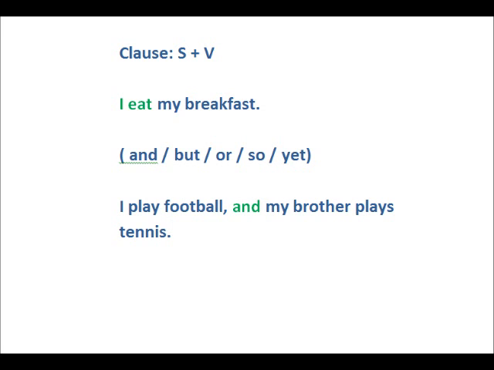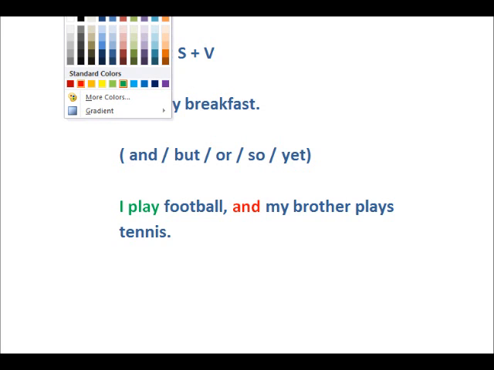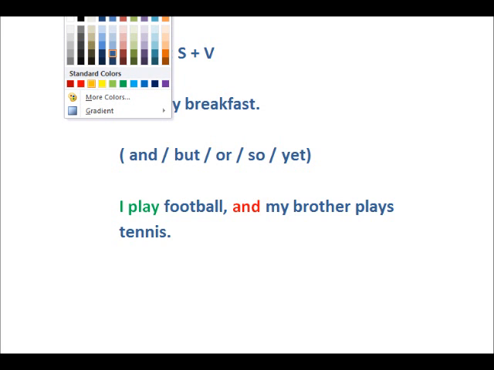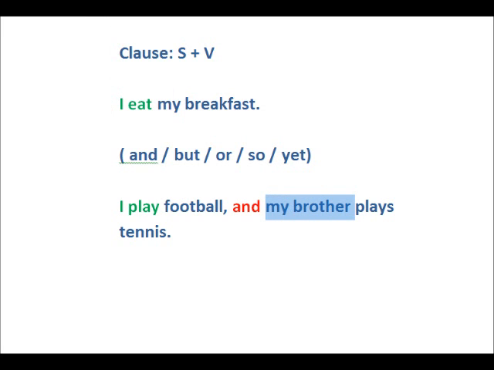The coordinate connector is and. And before and we have a clause. Why a clause? Because we've got subject and we've got verb. And after and we have a clause, which is, wait a minute, yes, a clause, because we have my brother, that's a subject, and I've got plays, that's a verb. Fantastic.